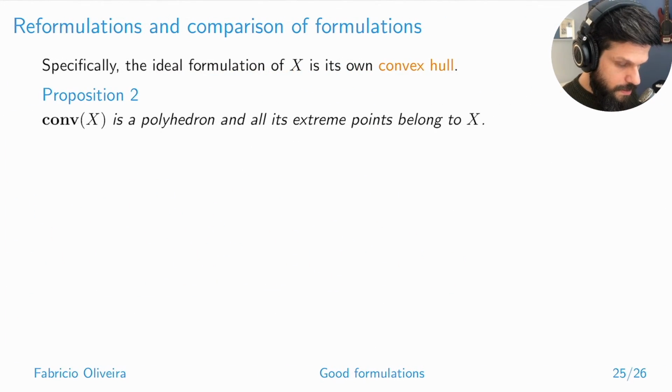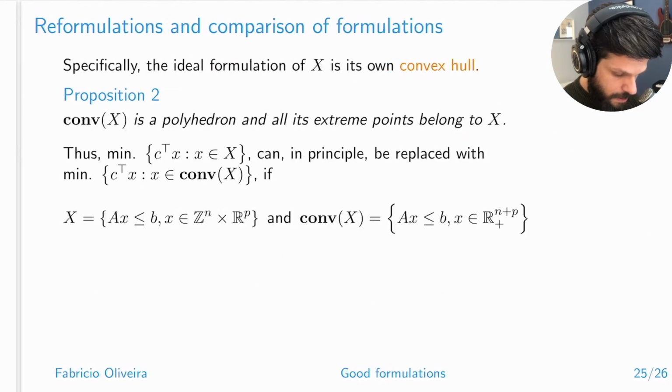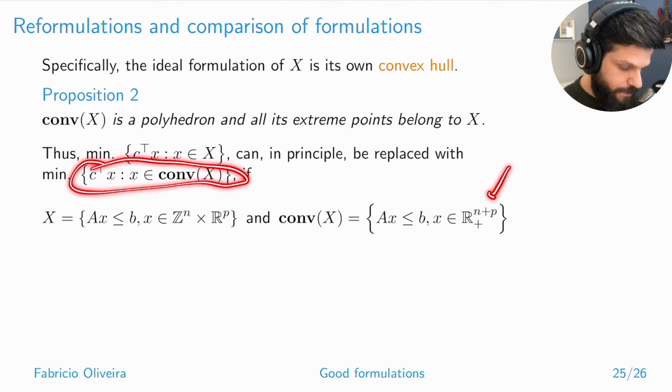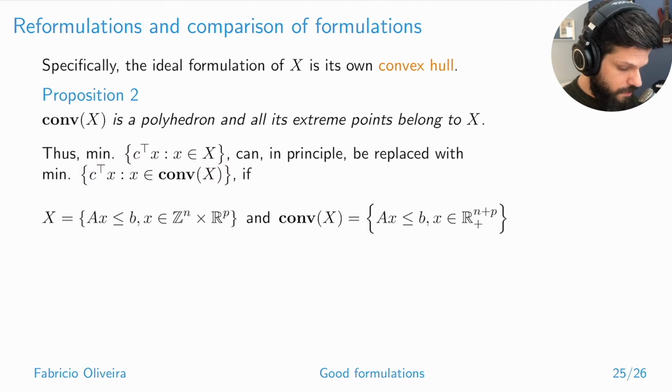So that tells us the following: if you somehow have available the convex hull of your set X, you can replace X by its convex hull and solve this problem instead to obtain a solution for this problem.